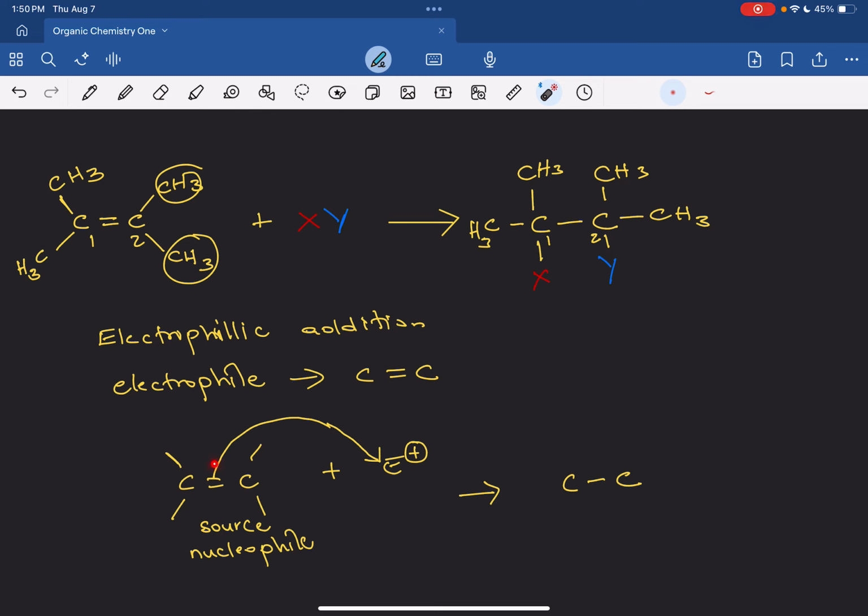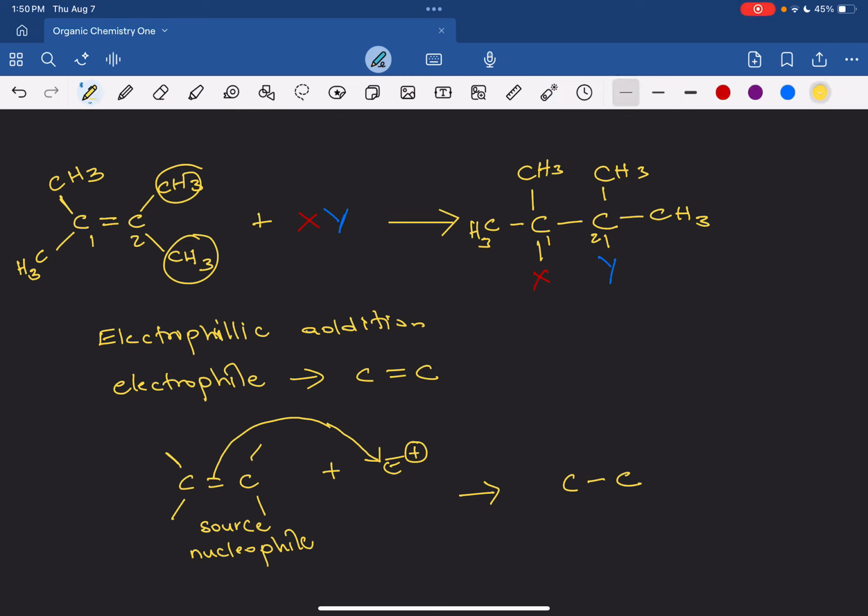So in essence, when you draw this arrow, you can write these things down so you remember: the double bond breaks, leaving you with a single bond. It also means that the electrophile uses this line to make a bond with one of these carbons, right? And it depends on the reaction. As you study more, you will see there are rules for where it will add, right?